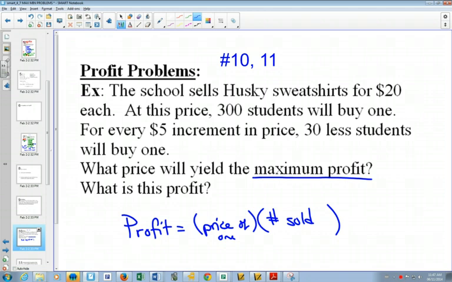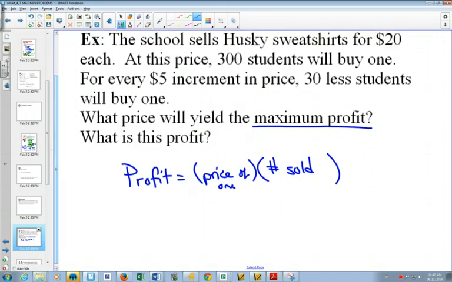By $5 increments. So what we can do is say, my profit's going to equal the price of one of them. It starts at $20, and then I can add or subtract $5 x amount of times. Because it's going up by $5.